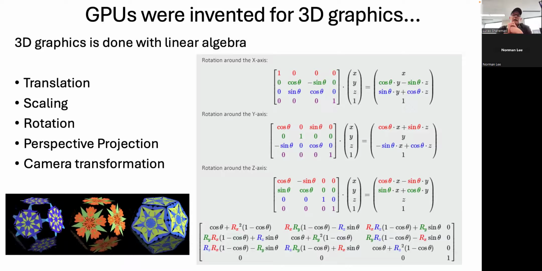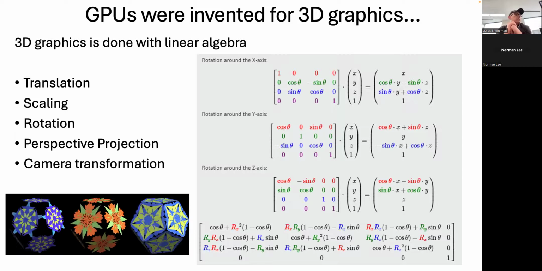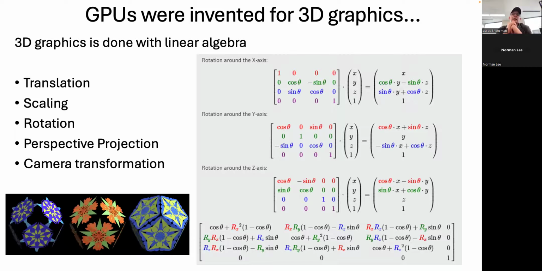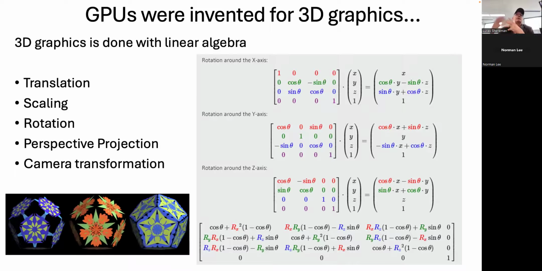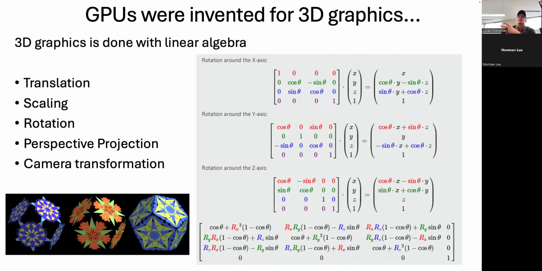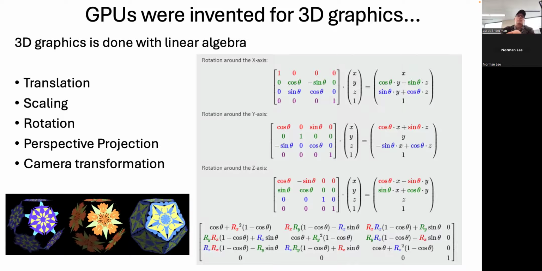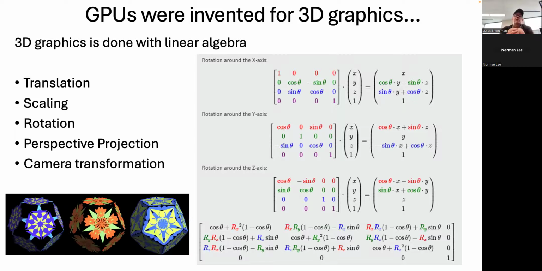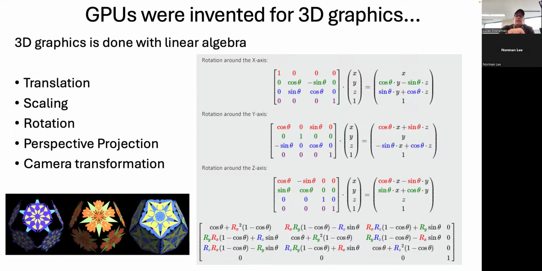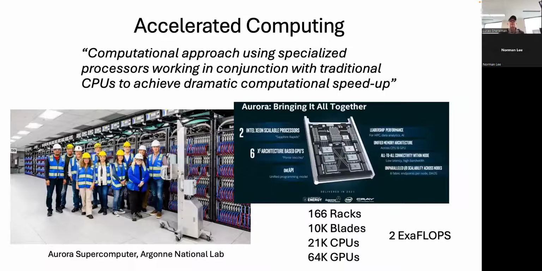And having just a central processing unit be responsible for doing all of that was just too slow to generate, for example, 30 frames per second in a video game or in an animation or whatever. And so that's where GPUs came along. That's why they were invented. But today you're seeing this idea of accelerated computing take hold.